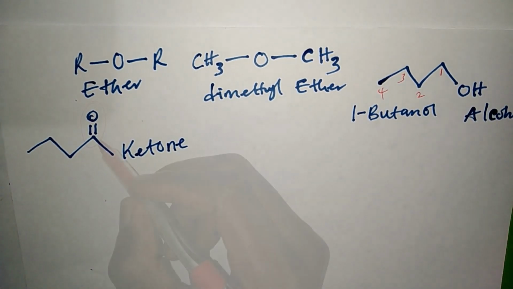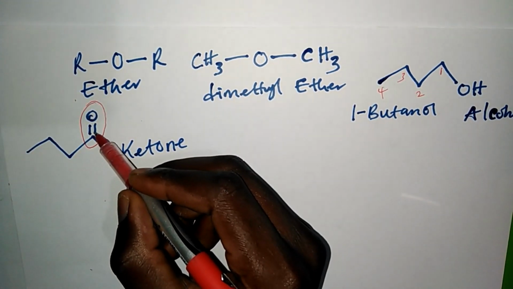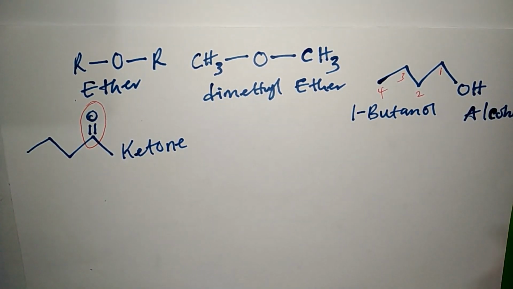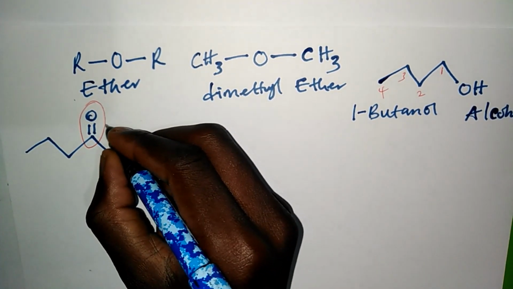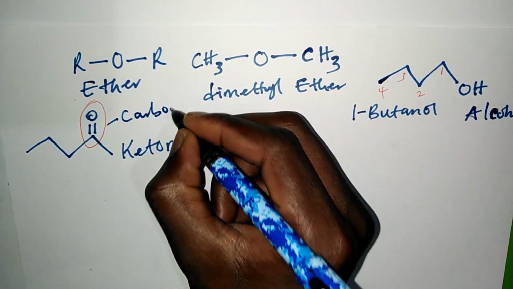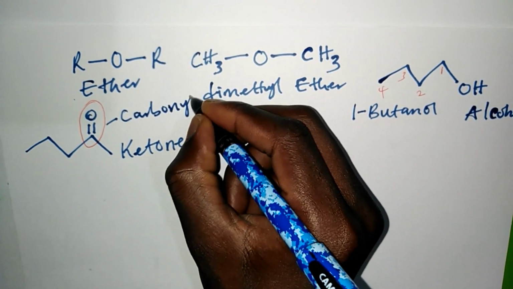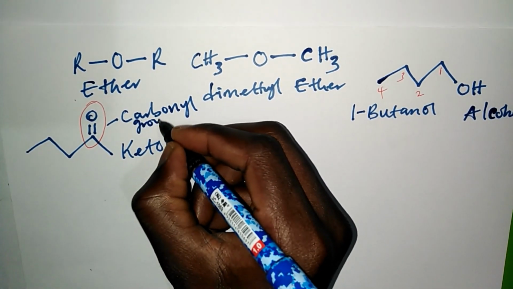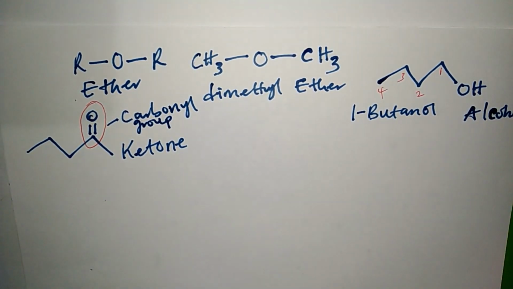And this ketone that has a carbon double bonded to an oxygen, that carbon is referred to as a carbonyl carbon. So this particular group is known as a carbonyl group.